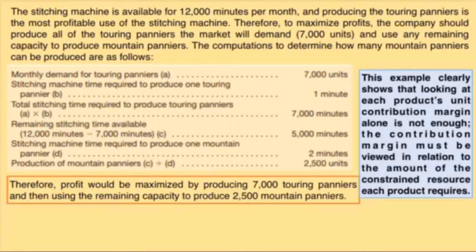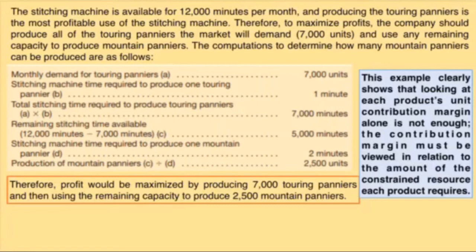So multiplying, we have 7,000 minutes. For the remaining stitching time available, we subtract the 7,000 minutes from the 12,000 minutes, so we have 5,000 minutes, then divided by 2, which is equal to 2,500 units of mountain panniers.